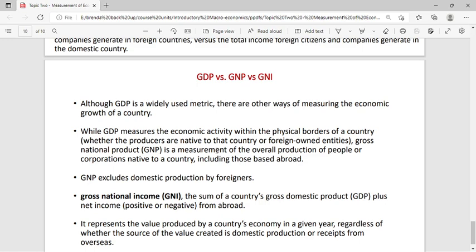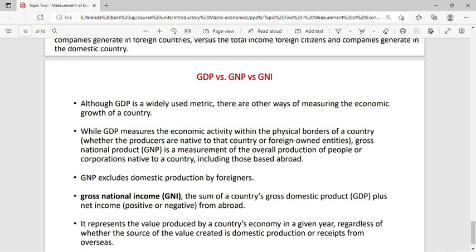So for gross domestic product, we concentrate on what is produced within the country, regardless of whether it is produced by nationals or foreigners, but within specific boundaries of an economy.